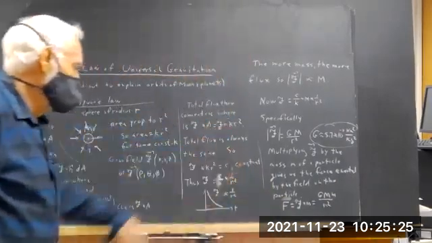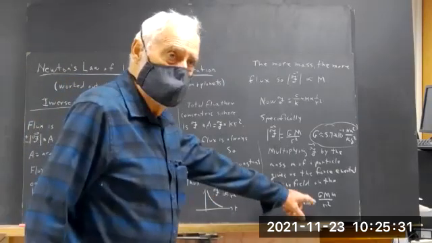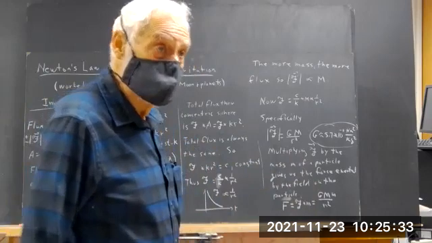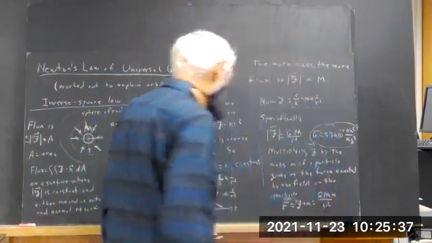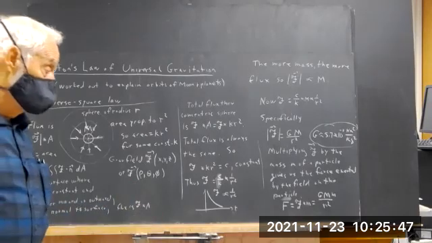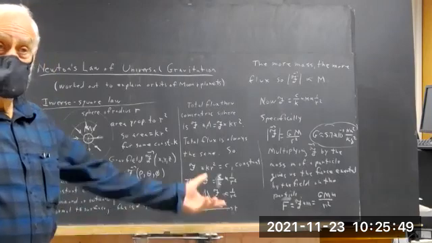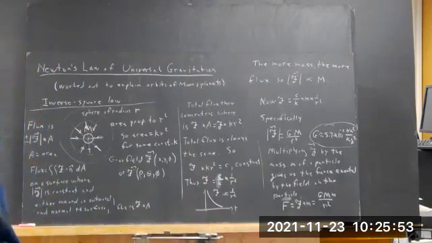Well, anyhow, there we have it. This is the form you're going to see it in your text, if you haven't already read it. There's a vector form. So I'm going to come up and figure out the vector form. Okay, good.